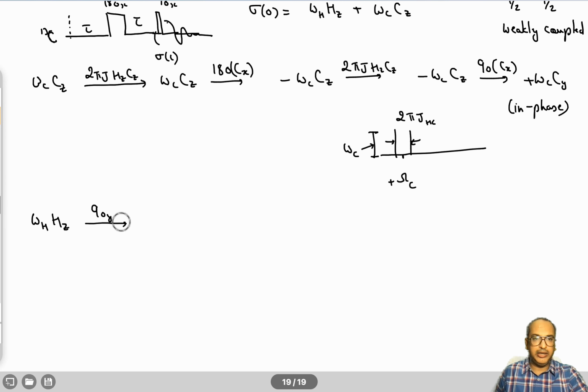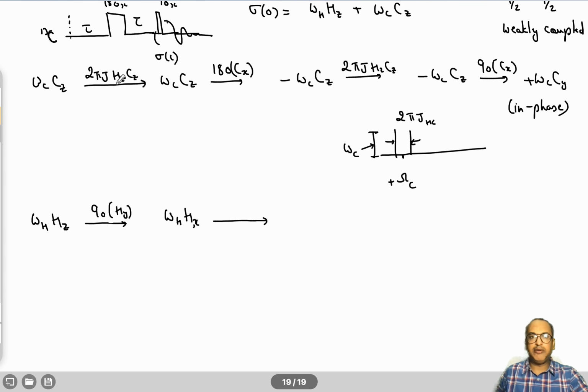Let me write the full operator, 90 on Hy, because the pulse is only on the proton channel, so it will only operate on Hz and not Cz. So what you will get here is, if you do y on z, it will give you a plus x, so you will have omega h Hx.